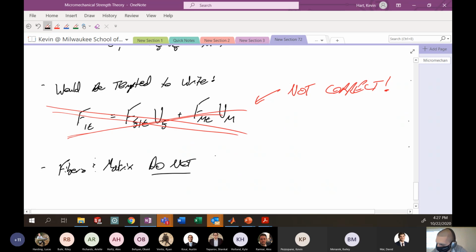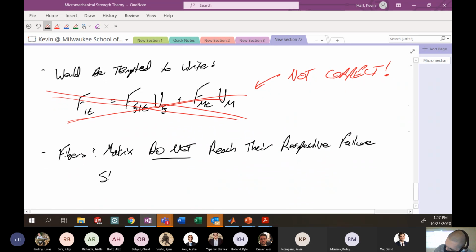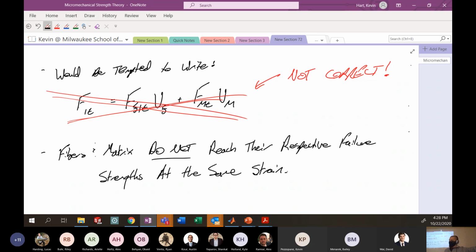I think that's a little bit more clear. Let's say that. They do not meet their respective failure strengths at the same strain. Okay, they have different strains to failure.